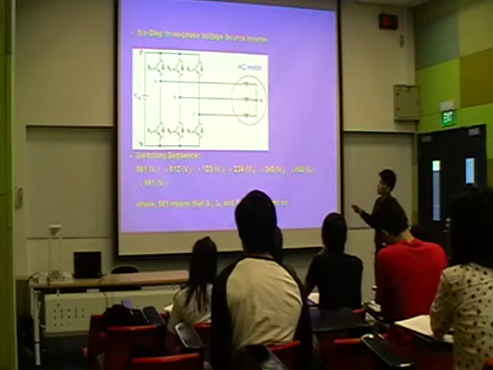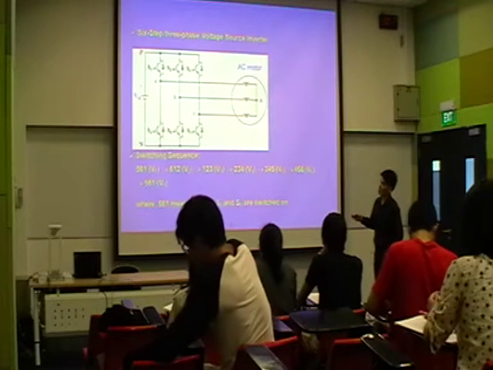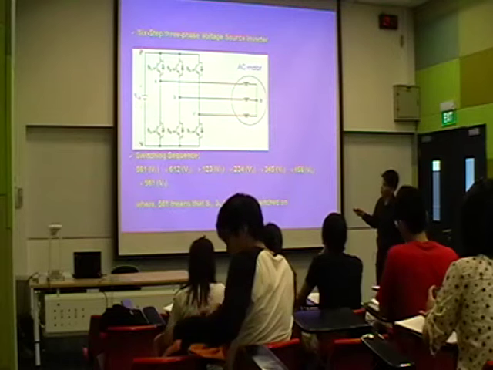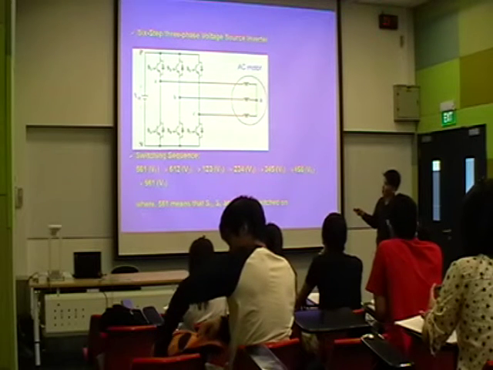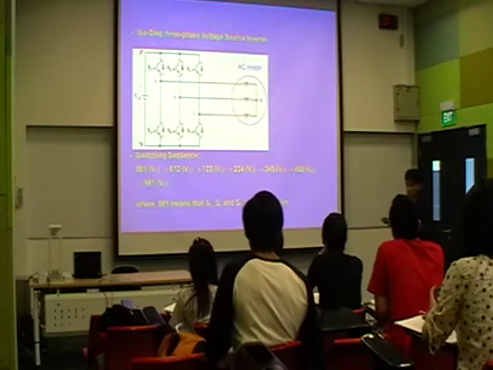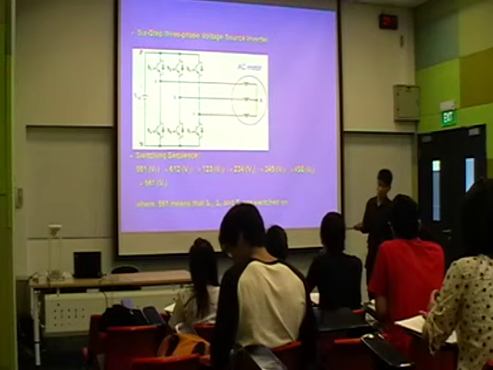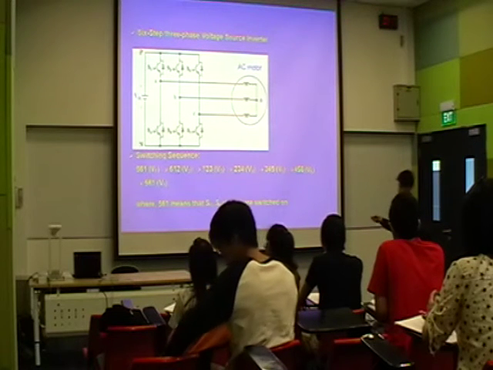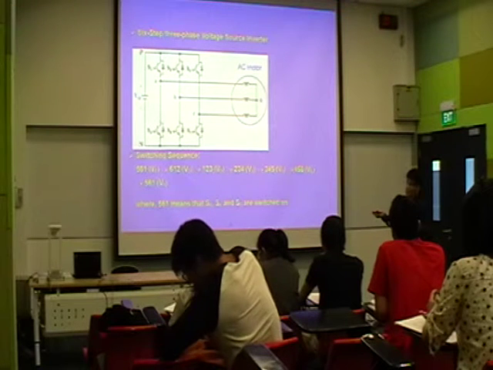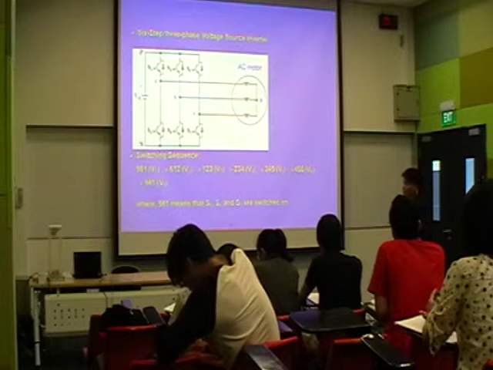You go through the DC, so there's an AC, DC, and then to AC again. There are some switches here: S1, S3, S2, S6. These are all the switches, and switches can be transistors. A transistor is basically a switch. If you send a certain current to the base, it will act as a switch to turn on. Without the base current, it will not turn on.